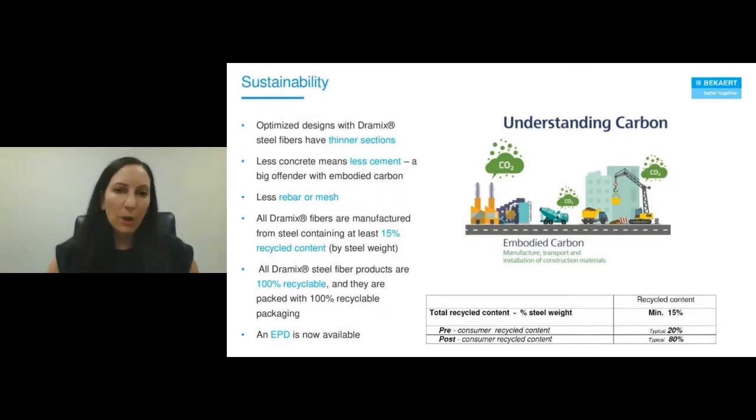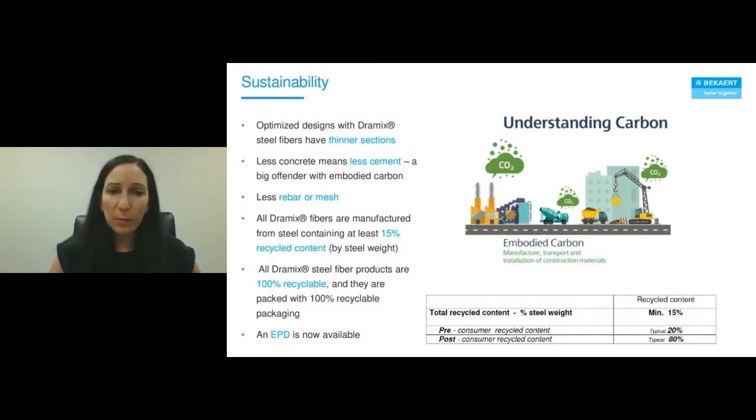So I did want to make a comment about this, that you can actually get some benefit from using Dramix steel fibers in projects as it relates to sustainability and embodied carbon. One way is because these designs are optimized. They are often thinner, which means less cement use, which is a huge offender, and less rebar and mesh.